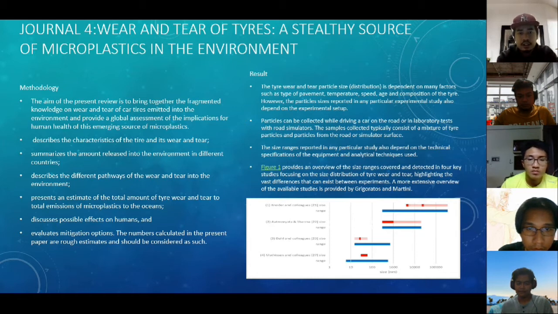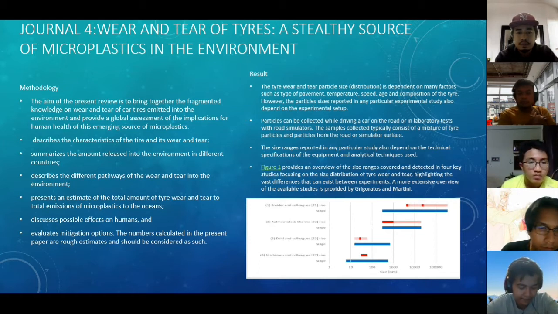And the result is that the tire wear and tear particle size is dependent on many factors such as pavement temperature, speed, age and composition of the tire. However, the particle size reported in any particular experimental study also depends on the experimental setup.